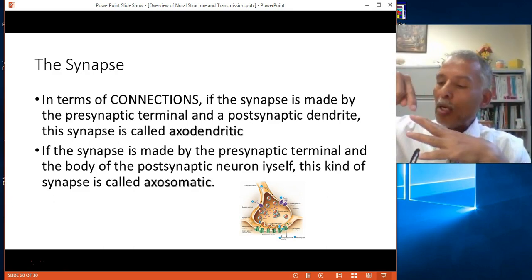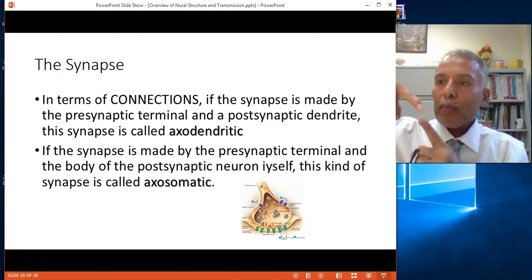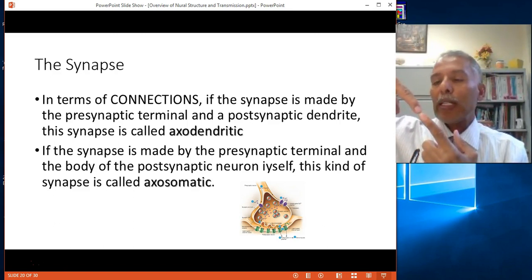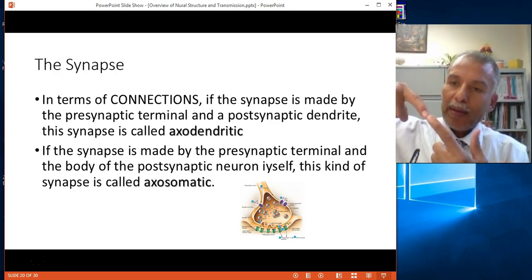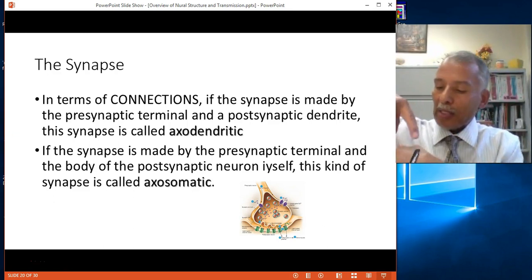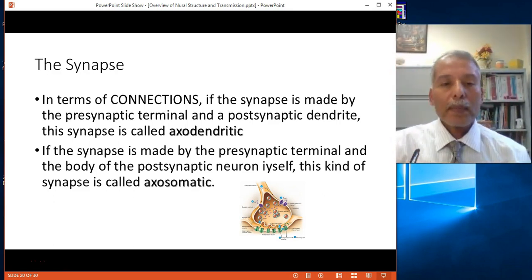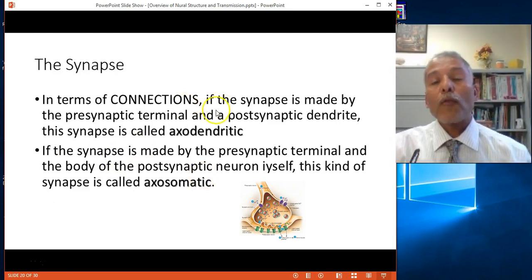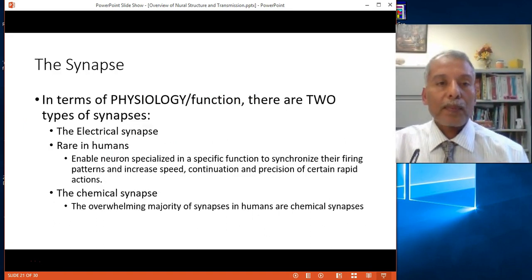If the terminal synapses with a dendrite, we call this axodendritic, from the axon connecting with the dendrite. If it connects or synapses with the body itself, we call this axosomatic. So that's in terms of how the synapse itself is connected.